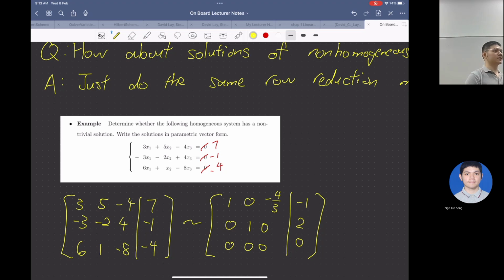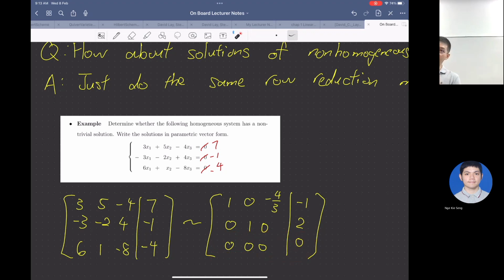Yes, because in the row of zeros there is no non-zero constant, so this system is consistent.